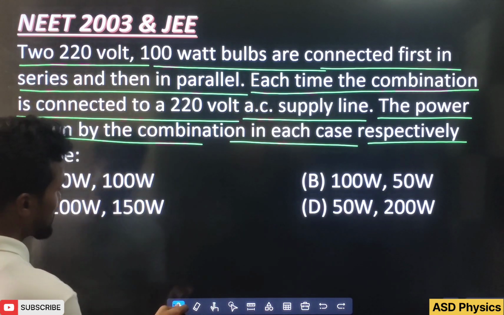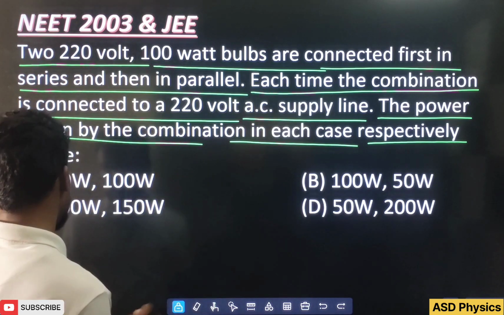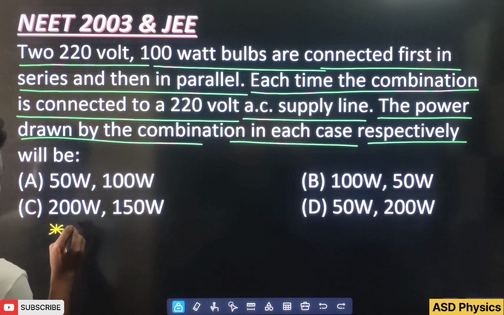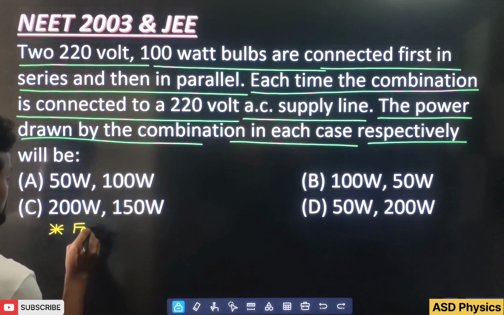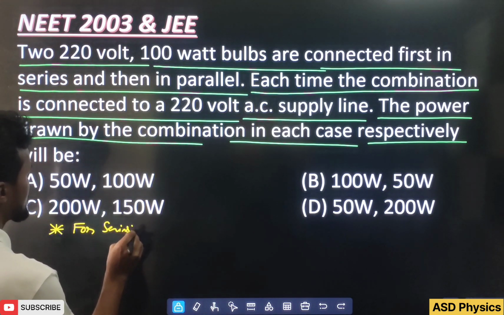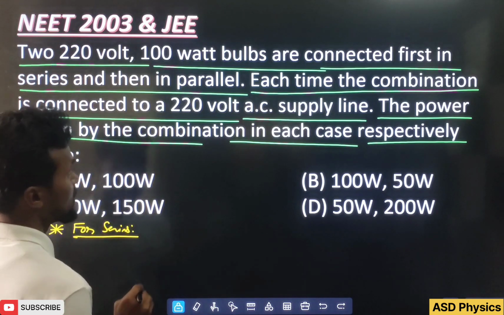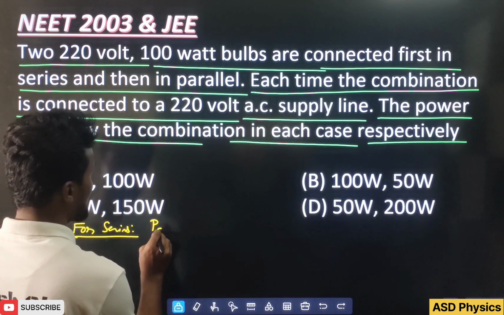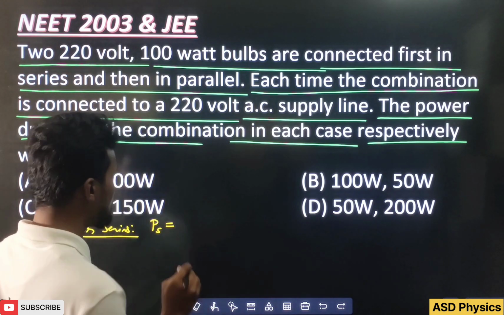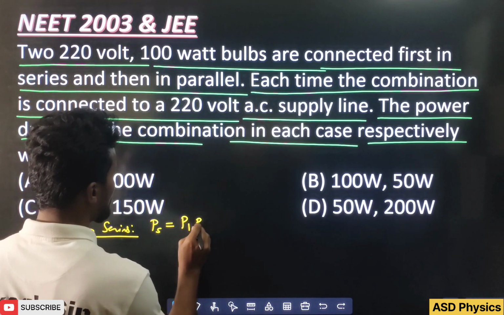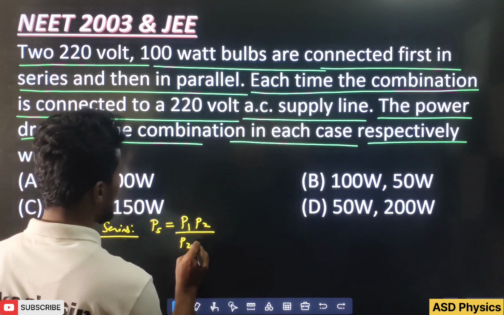Remember that first I will write the series connection. For series, the power formula for 2 bulbs is PS equals P1 P2 by P1 plus P2.